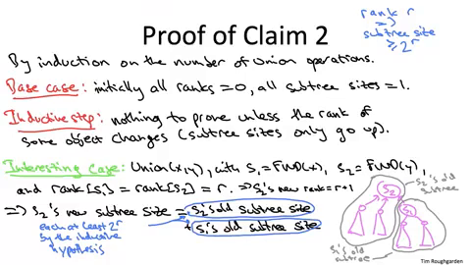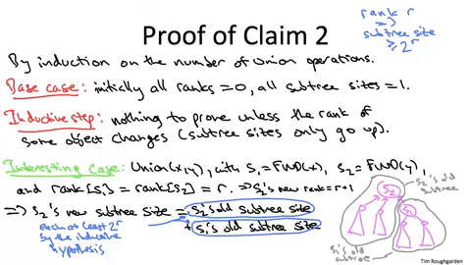So S2's new subtree size is bounded below by 2 to the r plus 2 to the r, a quantity also known as 2 raised to the r plus 1. Quite conveniently, r plus 1 is S2's new rank. So even with S2's new bigger rank, its subtree size is still meeting the lower bound, meeting the target of 2 raised to that new rank, 2 raised to the r plus 1. So that completes the inductive step.